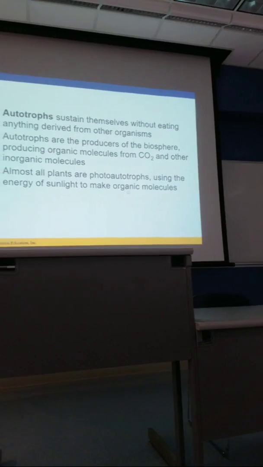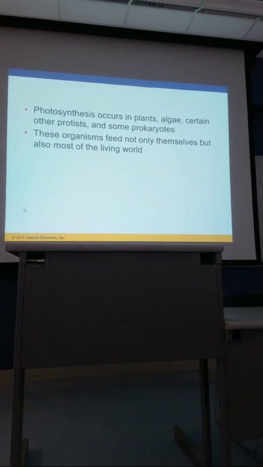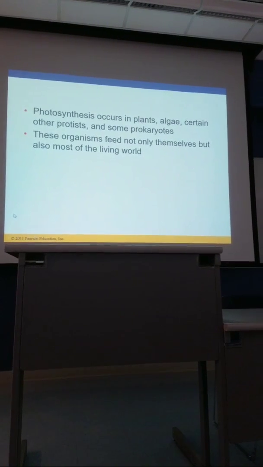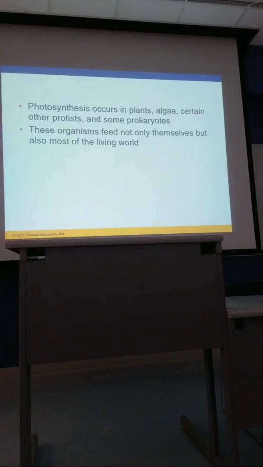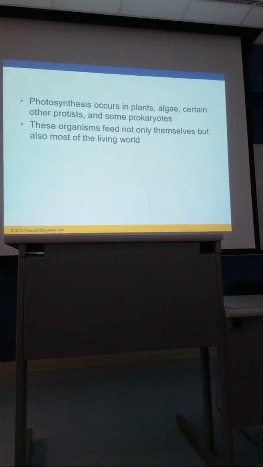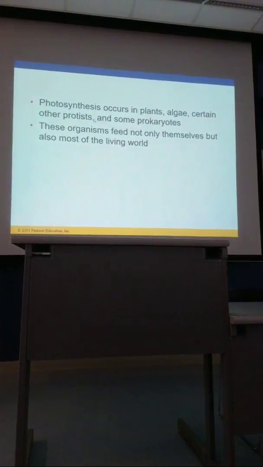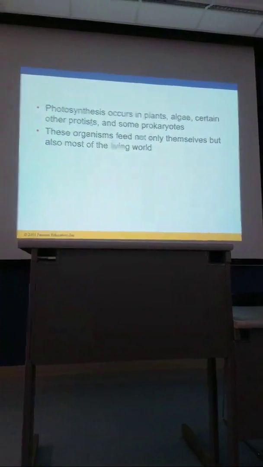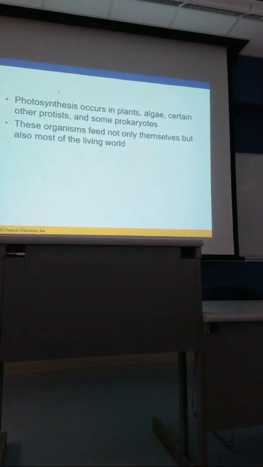So photoautotrophs use sunlight to make organic molecules. There are different kingdoms that can do this. Photosynthesis can be in plants, in the plant kingdom; algae, in the protist or protozoan kingdom; other protists like Euglena, for example; and even some prokaryotes go through photosynthesis.